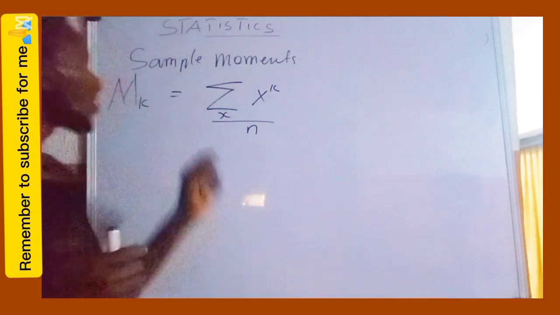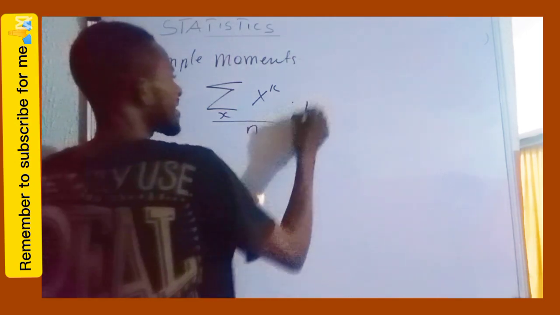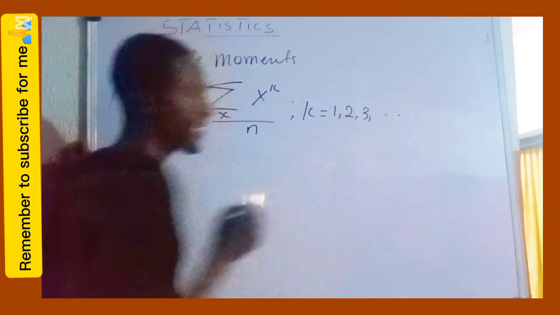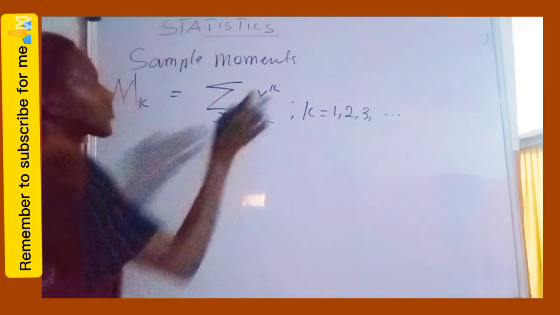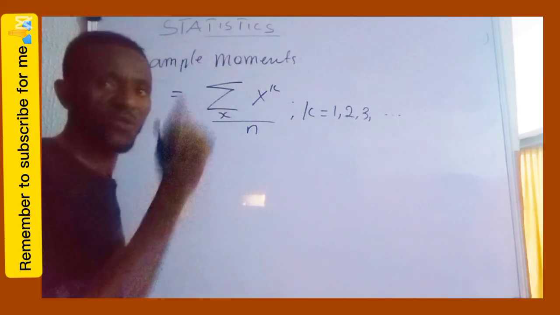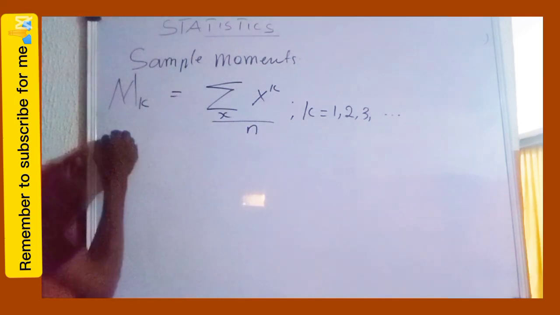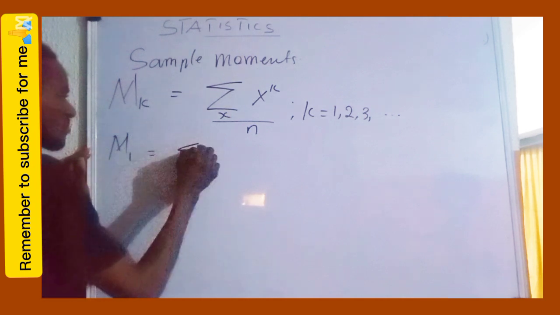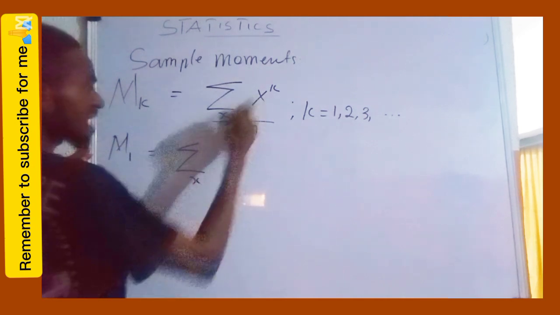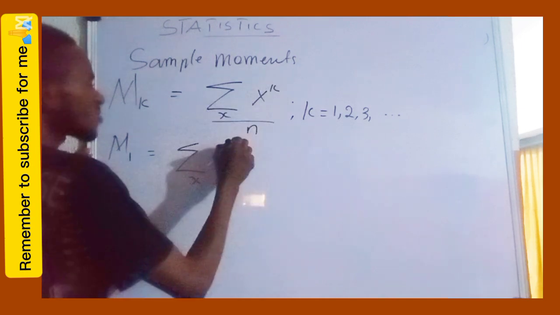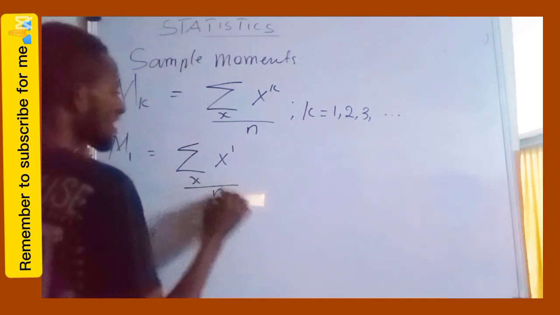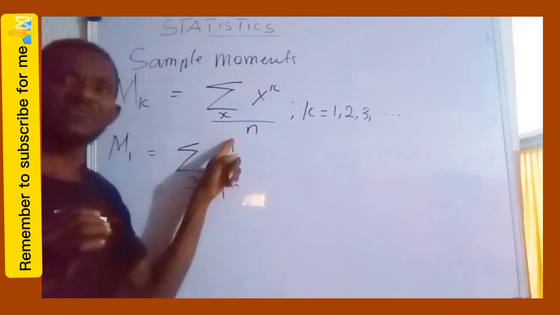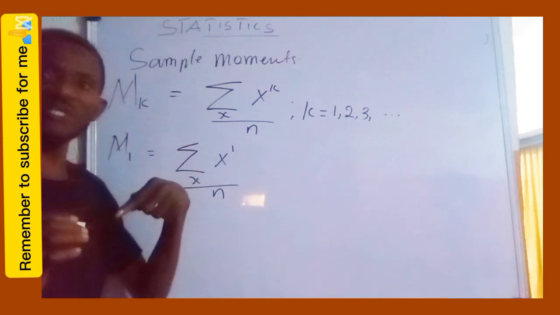Of course, you know that k takes values 1, 2, 3 down the line. So what happens when k becomes 1? M subscript 1 is given as the sum over the range of x to the power 1, all over n. Once anything is raised to power 1, it returns itself.